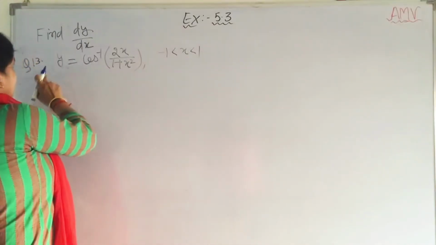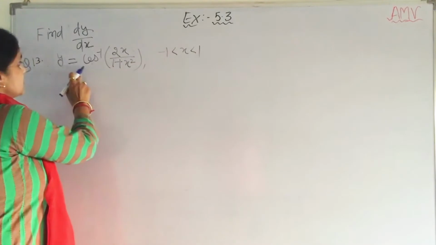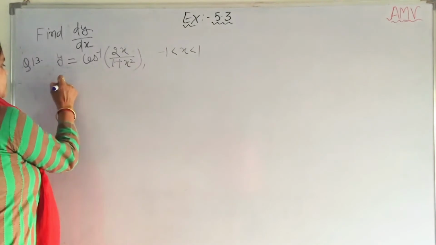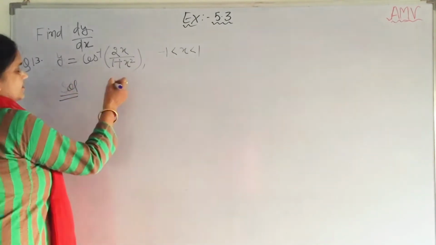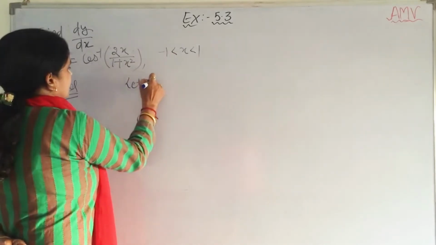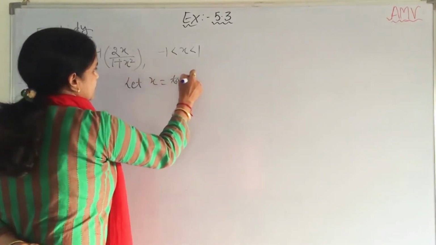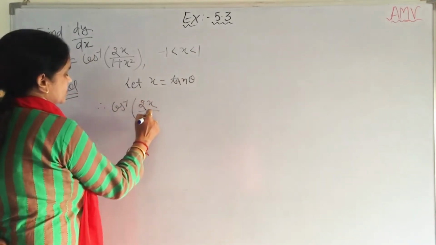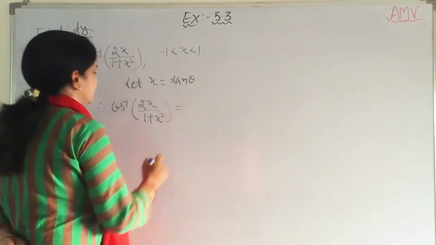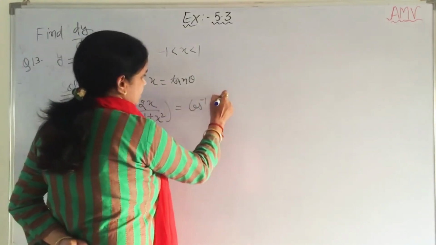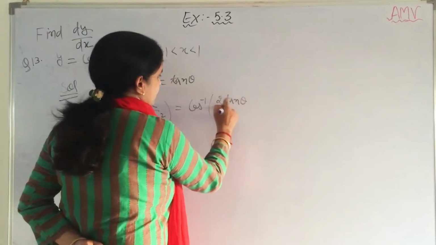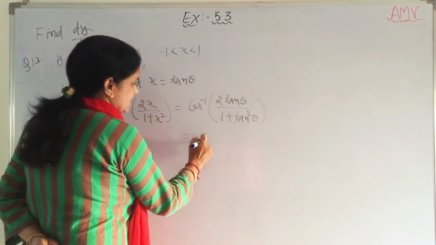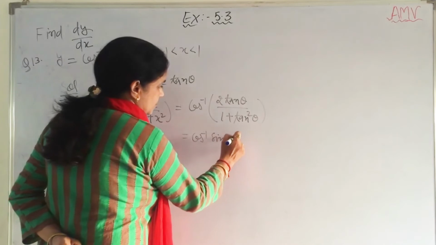Question number 13. Find dy by dx. Here y is equal to cos inverse 2x by (1 plus x square). So here also take x is equal to tan theta. So cos inverse 2x upon 1 plus x square is cos inverse of 2 tan theta upon 1 plus tan square theta. And it is the formula of sin 2 theta.